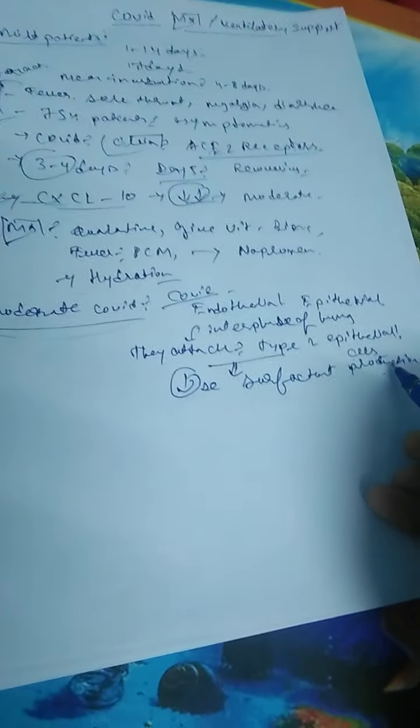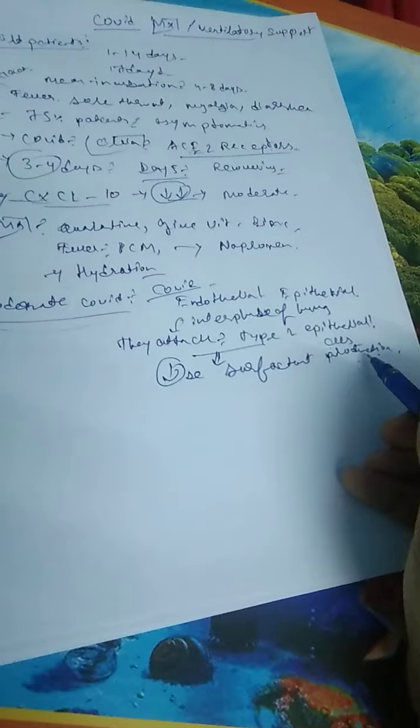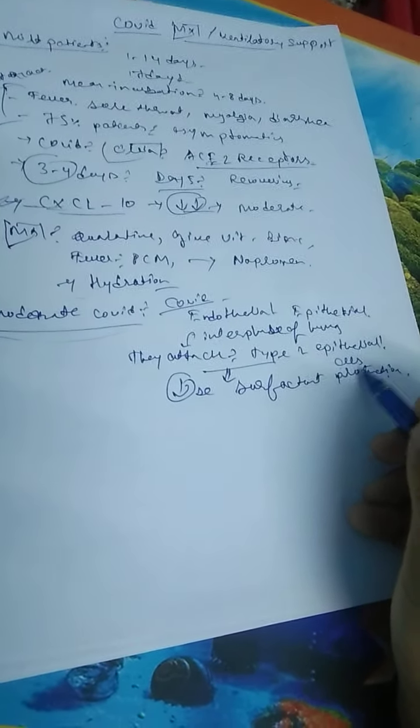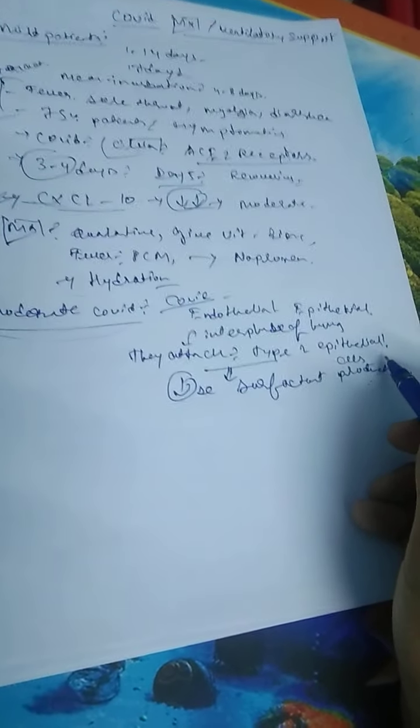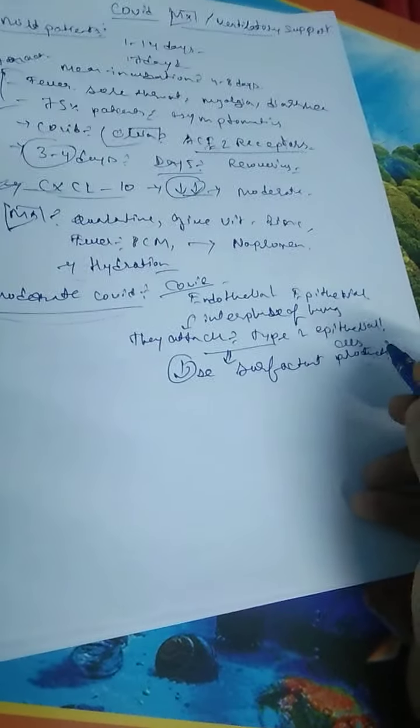This is a major thing, because the surfactant present in the lungs prevents the alveoli from collapsing. Due to this decreased production, the alveoli would collapse.